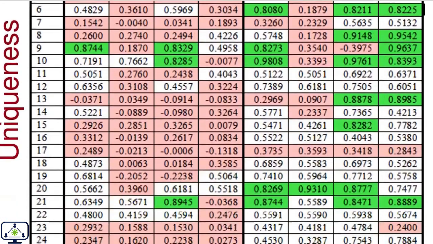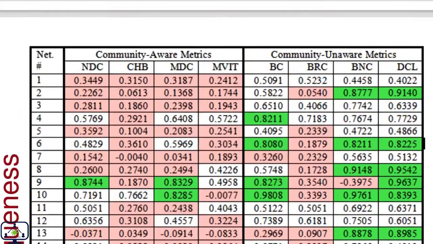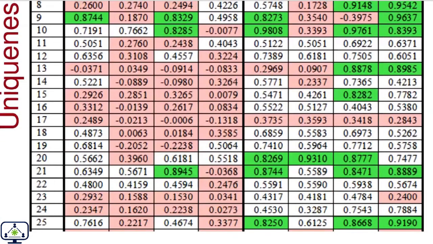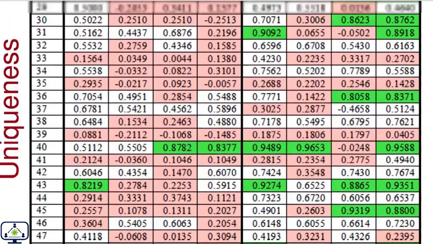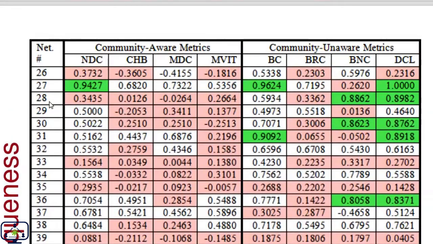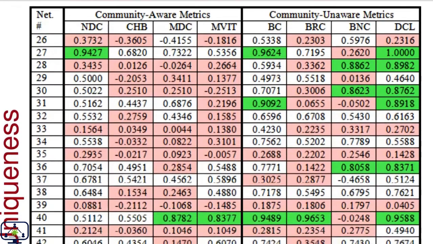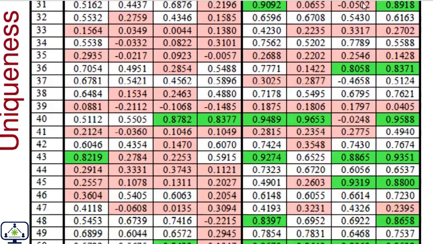And even among the community-unaware metrics, there's not that much green. It's either pink or moderate correlation. The networks are numbered from 1 to 50 as the number of nodes keeps increasing. So as you increase the number of nodes, you can see there is a weak correlation between the tuple and the existing metrics, for both community-aware and community-unaware metrics.